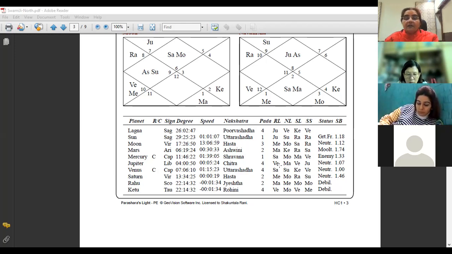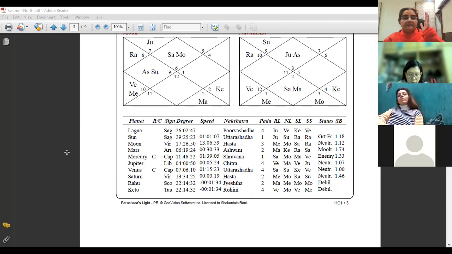So this is how we see, and they also give some reference. We should always check, not now, maybe after 6 months of practicing this, you should also start looking at which planets are in which nakshatra.